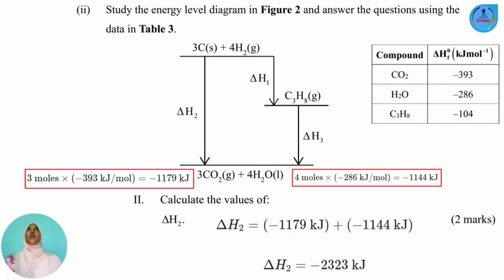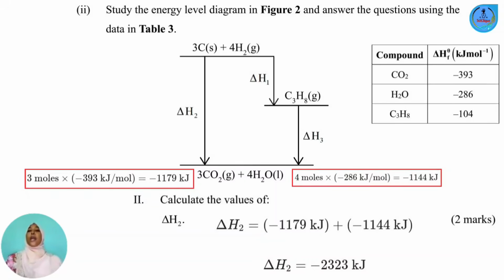So when we talk about delta H2, we are talking about a combination of these two. The enthalpy change when 3 moles of carbon, let me specify that, it's not just 1 mole, it's 3, react with oxygen to give us 3 moles of carbon (IV) oxide.